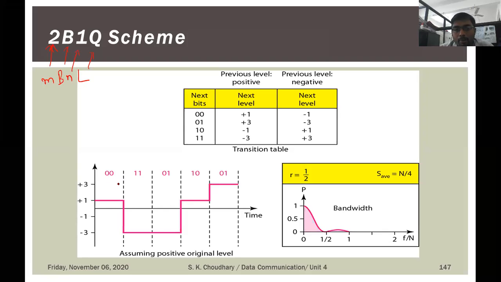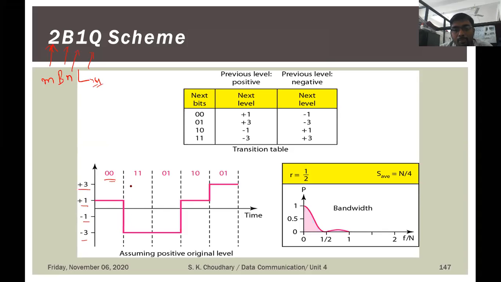So you can see here there are 4 levels, starting from +3, +1, then -1, and then -3. So these are the 4. L is equal to 4 here, quaternary. And per signal element, which is 1, there are 2 data elements. m is equal to 2 here. Okay. So we have to see the representation of the 2B1Q, assuming the positive original level.